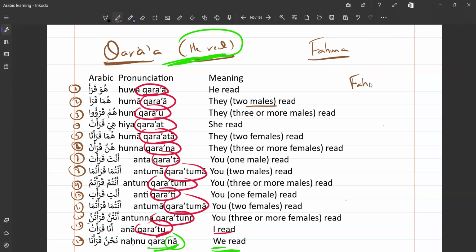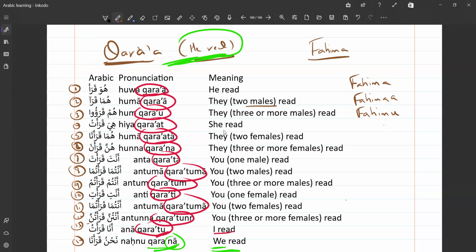Fahima means he understood. Fahimā means they two males understood. And fahimu means they, more than two males, understood.